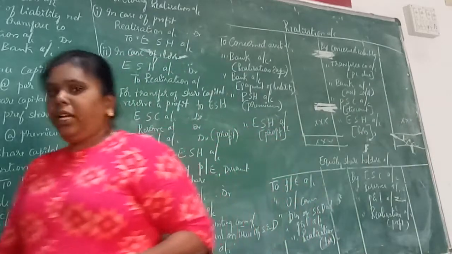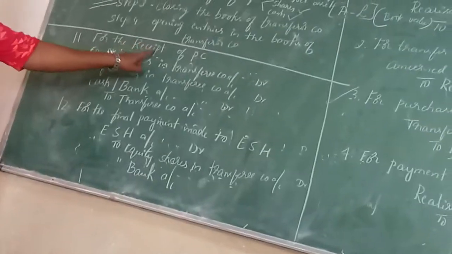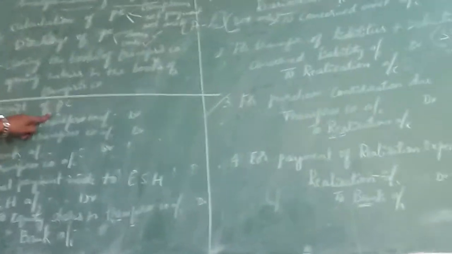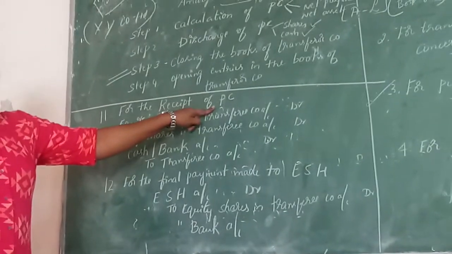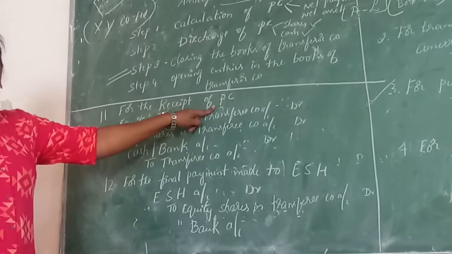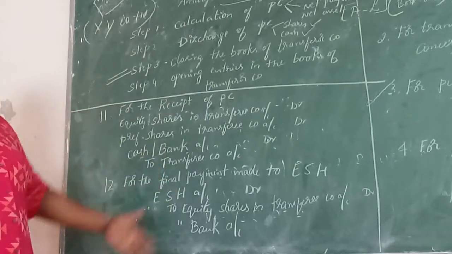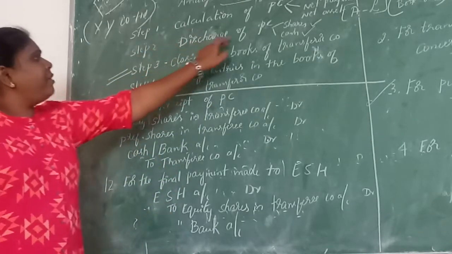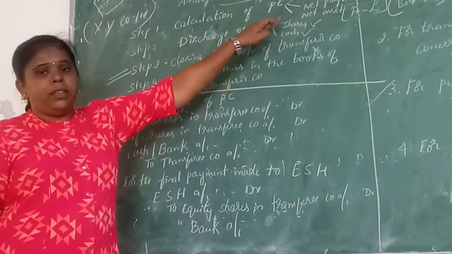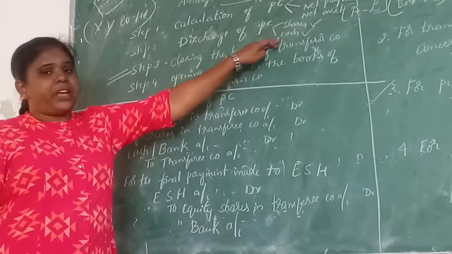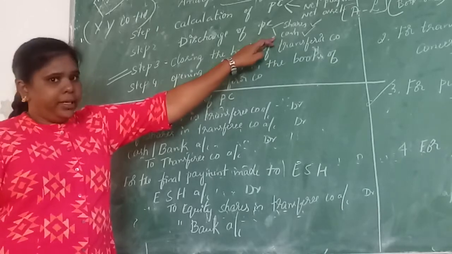Next entry, the 11th one, for the receipt of PC. So here the transferor company is going to receive the PC. In what form the PC is receivable, we have calculated here: in the form of equity shares, in the form of preference shares, or in the form of cash. So we have shown the same thing.